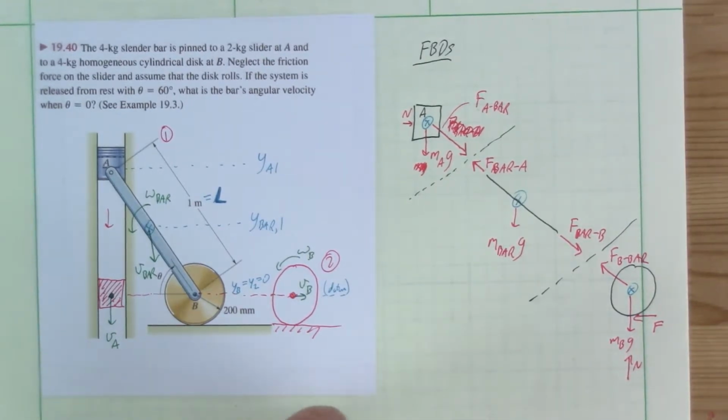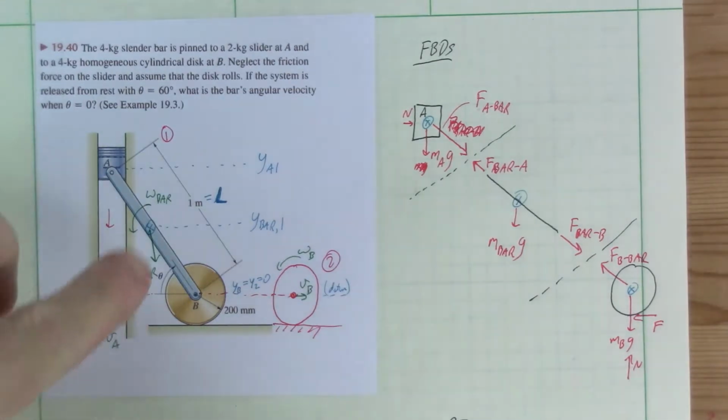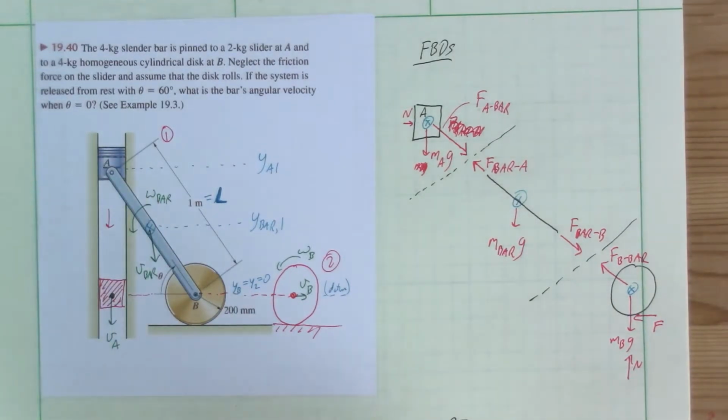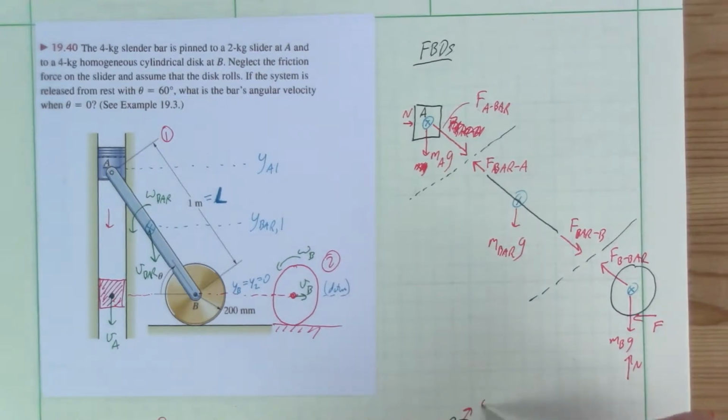Okay, so this says kinetic energy at 1 plus the potential energy at 1 plus any other work that we haven't considered equals kinetic energy at 2 plus potential energy at 2. Remember, 1 is the state we have here, which starts at rest, so this is 0. Potential energy 2, I already talked about this.